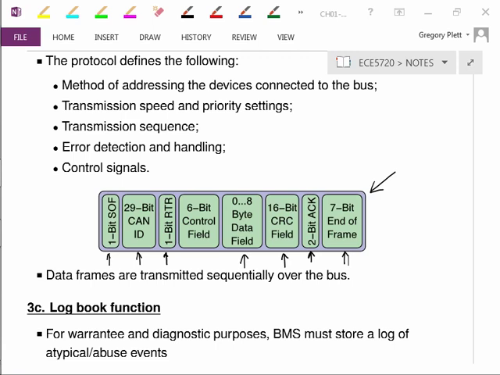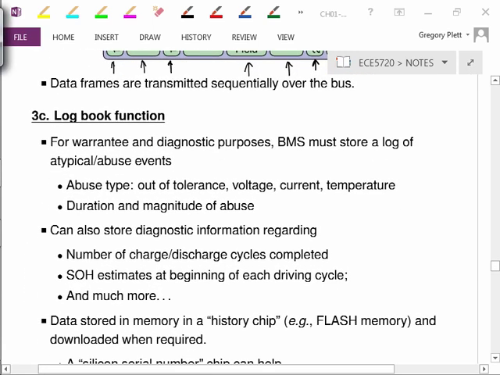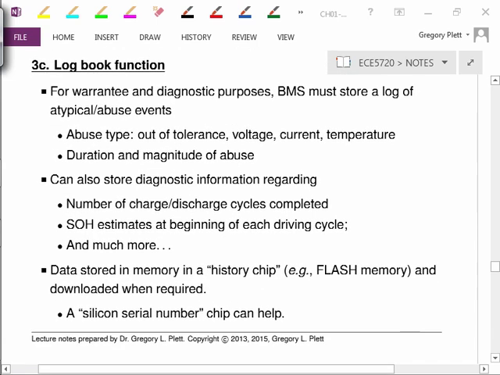Another feature that is required of a battery management system is a logbook function, and this is an electronic storage of interesting events. Most often they're going to be events that are unexpected or maybe out of tolerance or something like that we want to record for possible warranty purposes or diagnostic purposes.